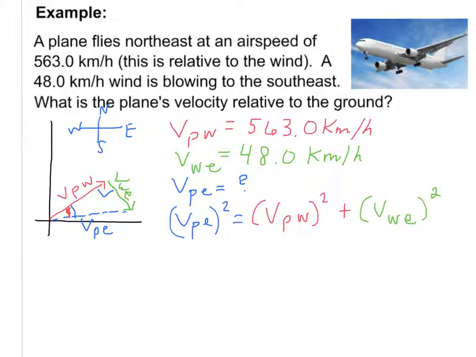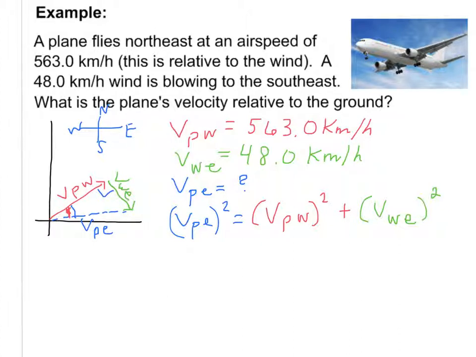So I can set that problem up like this. Velocity of the plane to the Earth squared equals the velocity of the plane to the wind squared plus the velocity of the wind to the Earth squared. It's just the Pythagorean theorem here. This squared plus this squared equals that squared.